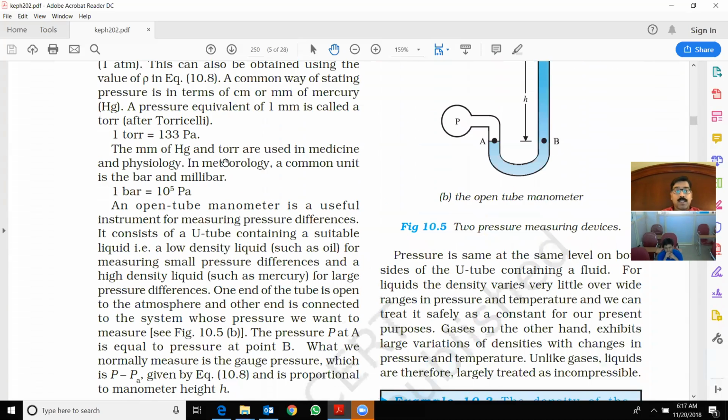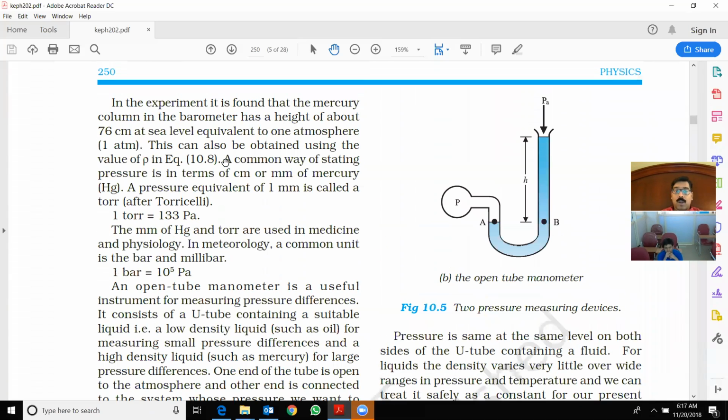There, 1 mm is called a torr or torricelli. So instead of 120 mm of Hg, somebody can write 120 by 80 torr. 1 torricelli is equal to 1 mm height.